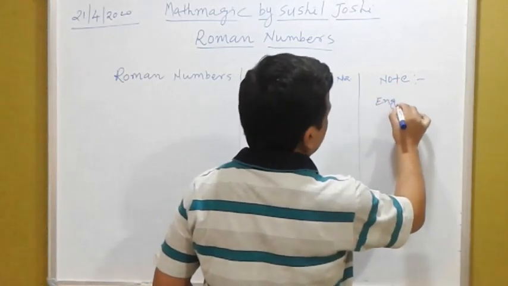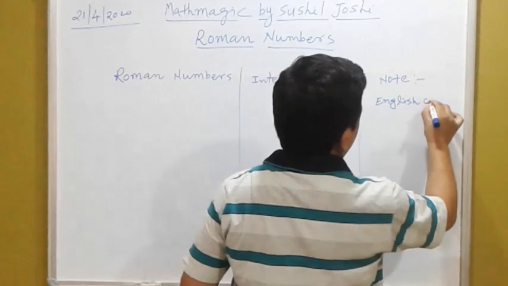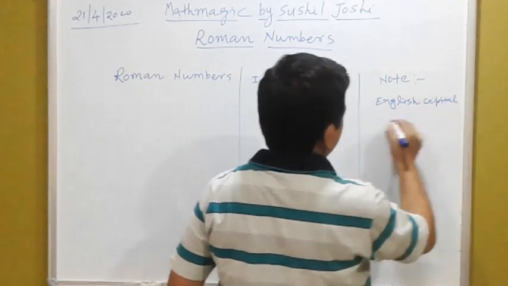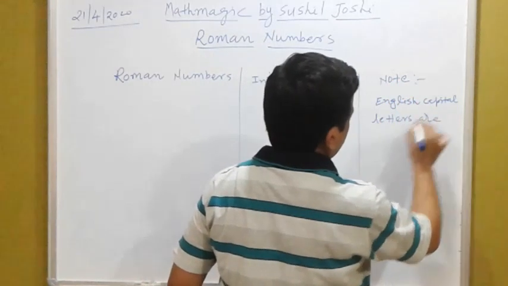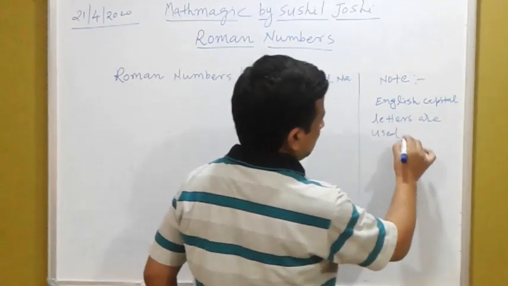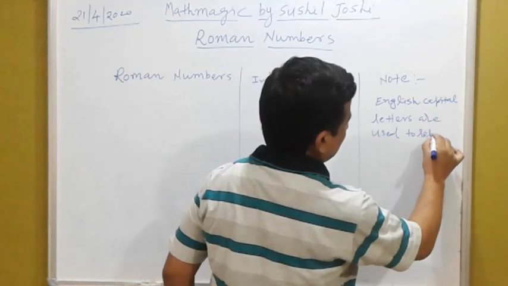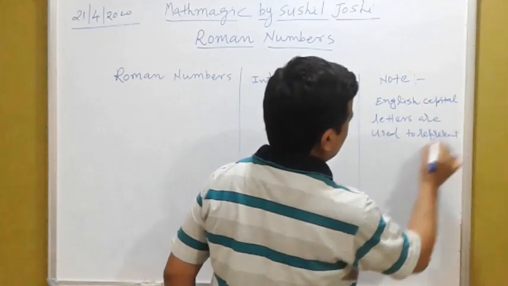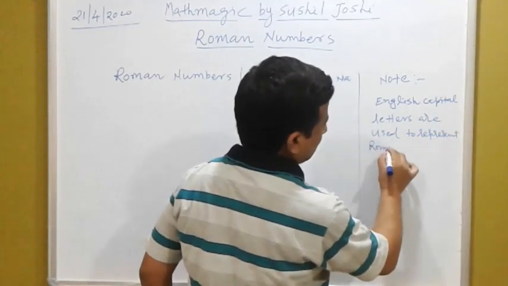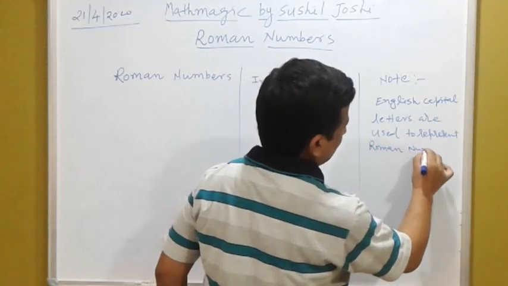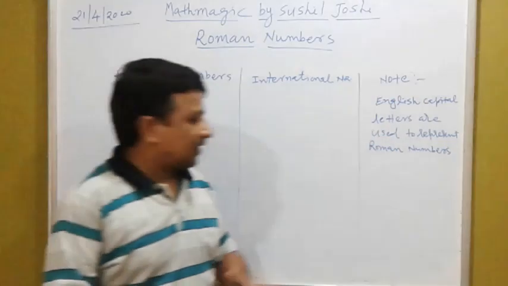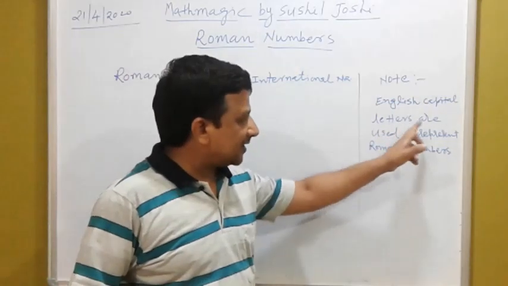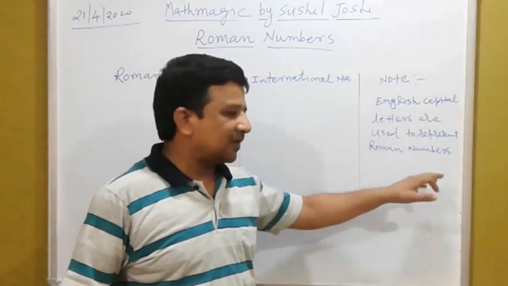Note: English capital letters are used to represent Roman numbers.